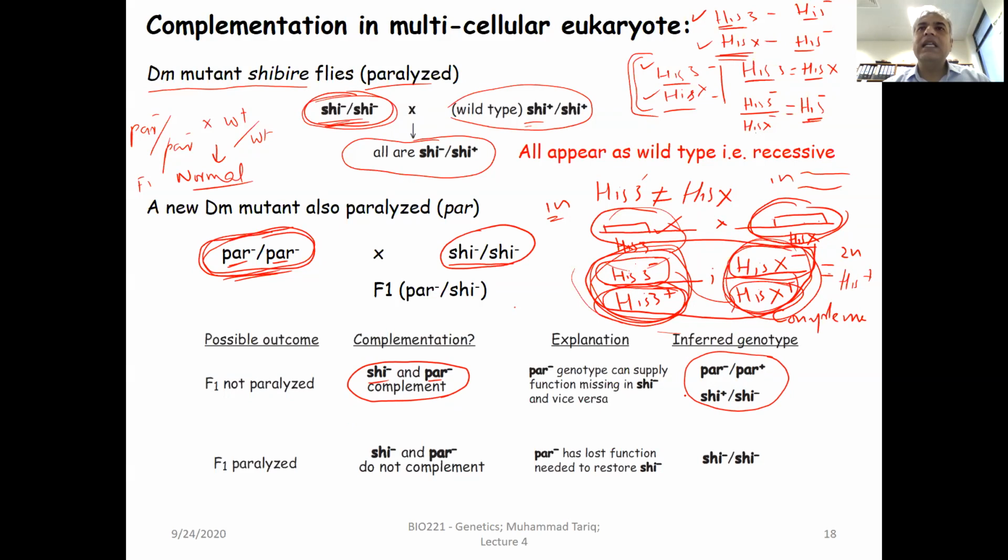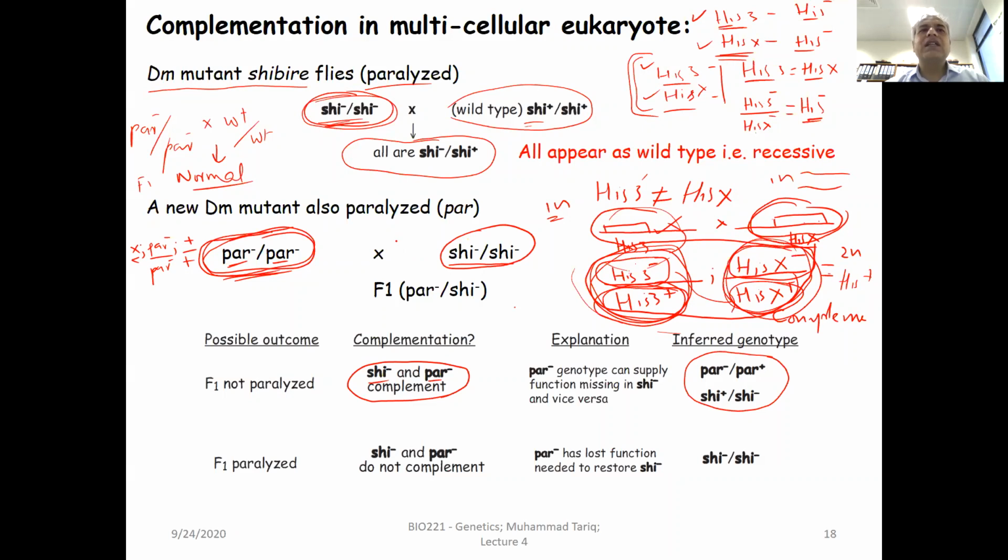They are not alleles of the same gene. For example, I write down here, this is the fly chromosome. To make it simple, I assume we have X, Y. On the second chromosome, assume we have the paralyzed minus mutation. And on the third chromosome, there is no mutation.